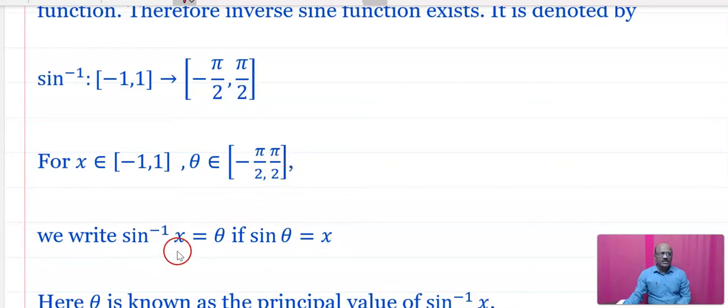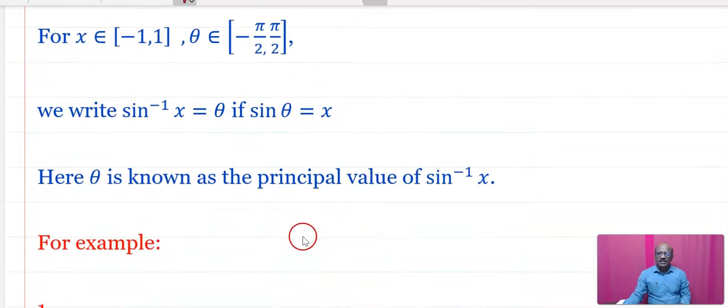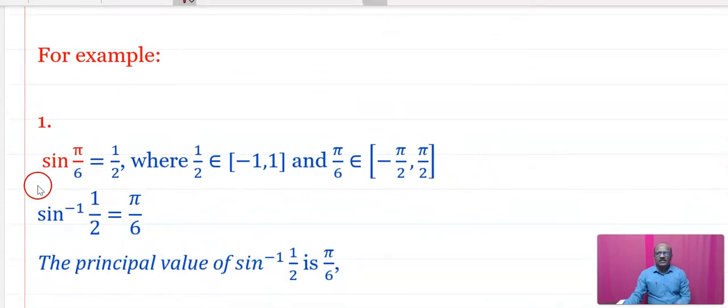We write here sine inverse of x is equal to theta if sine theta is equal to x. Here theta is known as the principal value of sine inverse of x. For example, we know that sine pi by 6 is equal to 1 upon 2, where 1 upon 2 belongs to the closed interval minus 1 to plus 1, and pi by 6 also belongs to the closed interval minus pi by 2 to plus pi by 2.